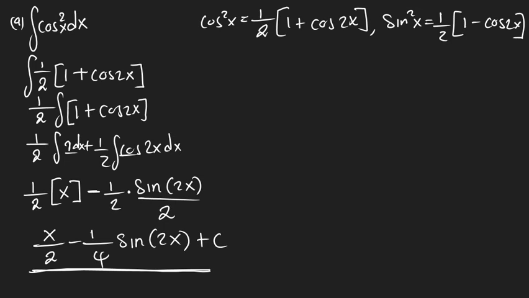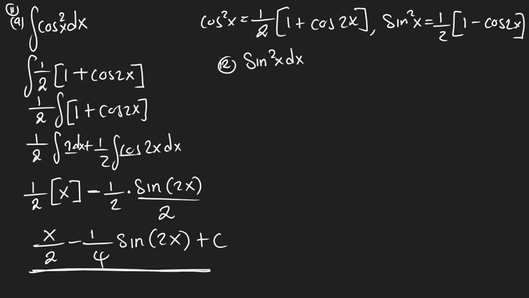Lastly, this was question 10, this is 11. Let's do the last one, which is going to be 12. So this is going to be the integral of sine squared 2x dx.